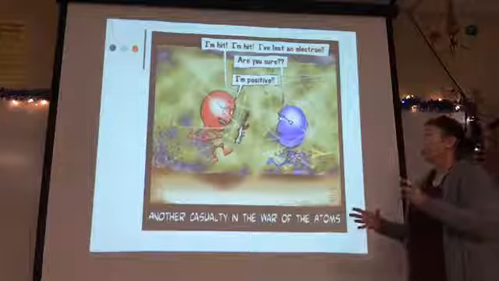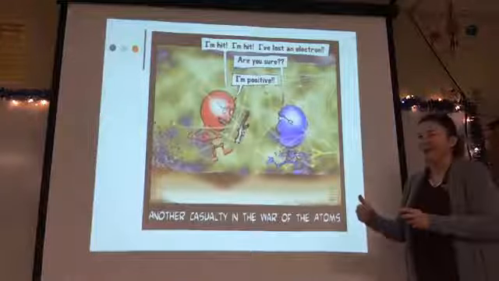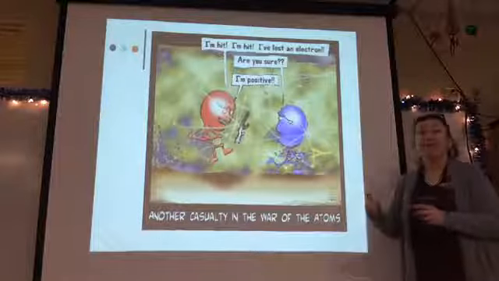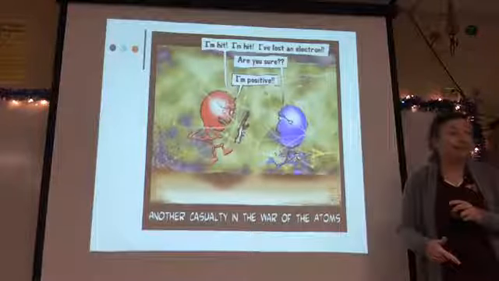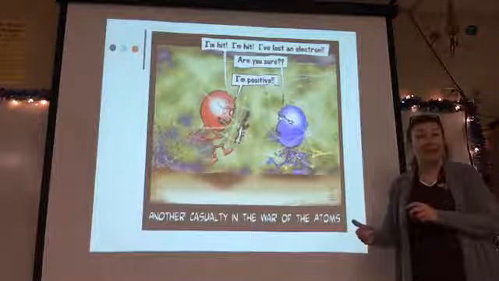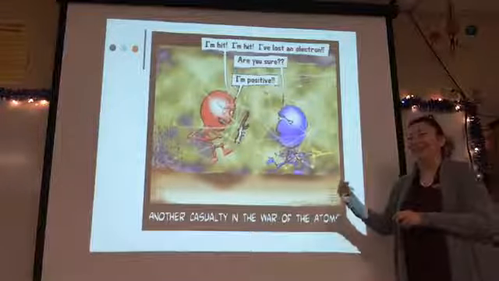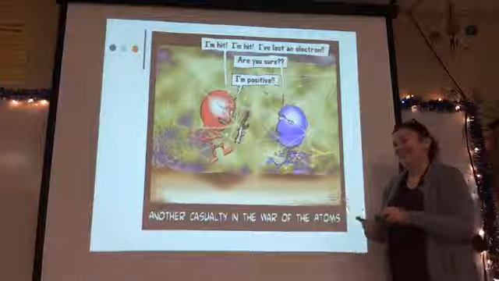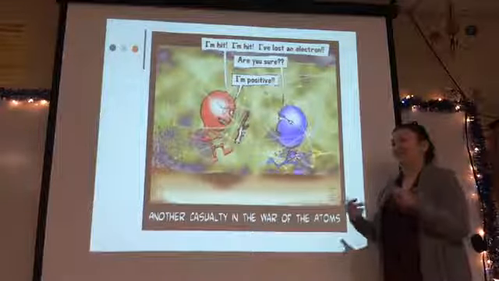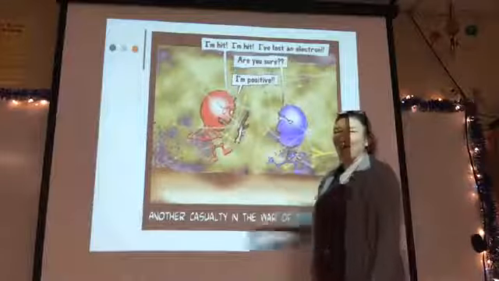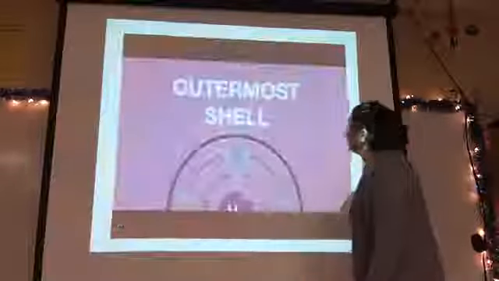Are you sure? I'm positive. Because when you lose electrons, you become more positive. When you gain electrons, you become more negative. Get it? You lost an electron. I'm positive. Anyway, a little science humor there.